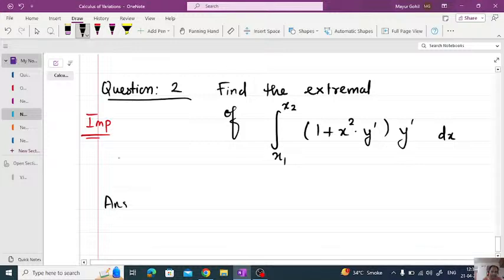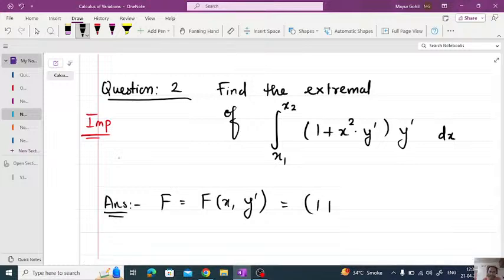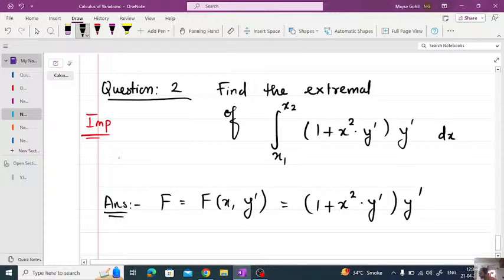So here again, f is of the form f of x comma y dash, right? The function here is 1 plus x square into y dash into y dash. Like this it is given to us.